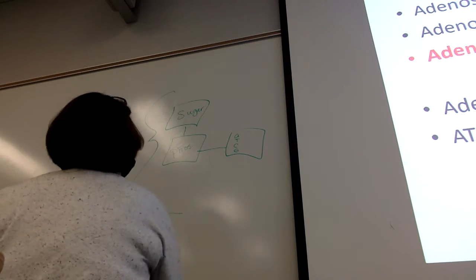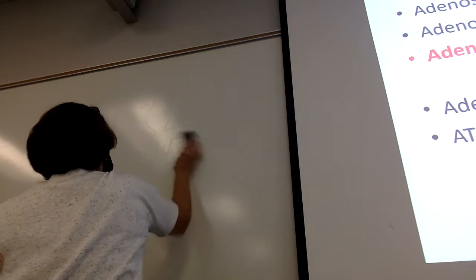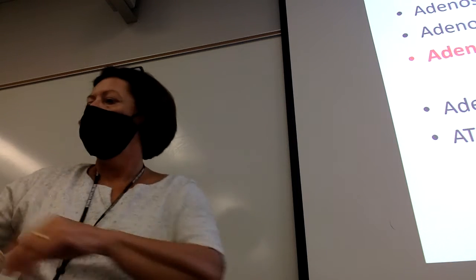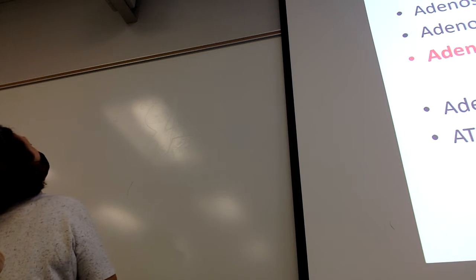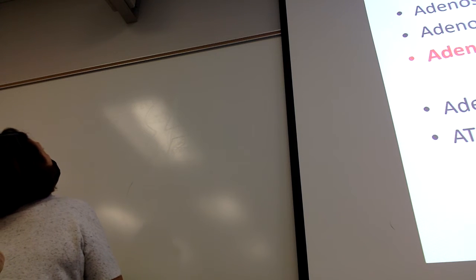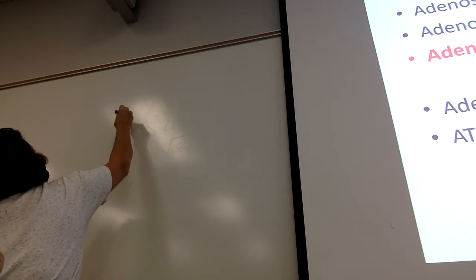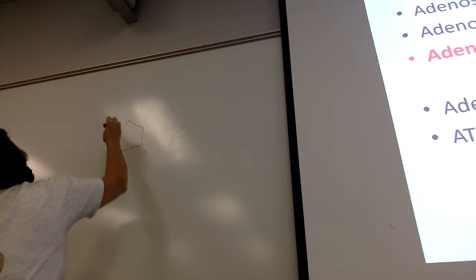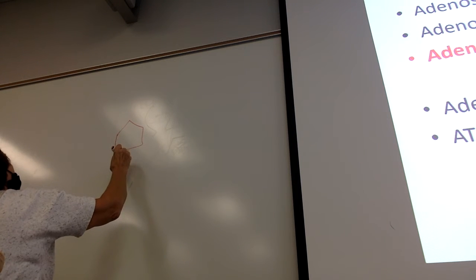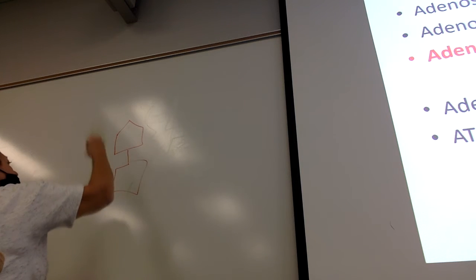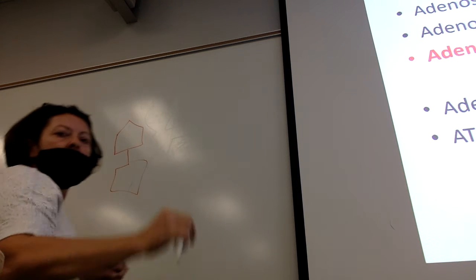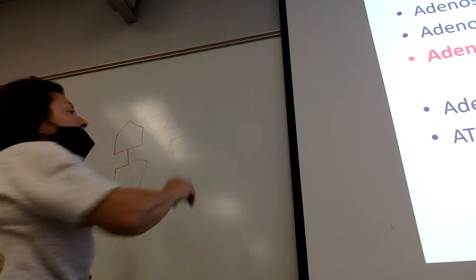So it's like this. Here is, hold on, I've got to think real quick of the structure. It's got a sugar and a something. I can't remember exactly. Adenosine monophosphate would be one of these.